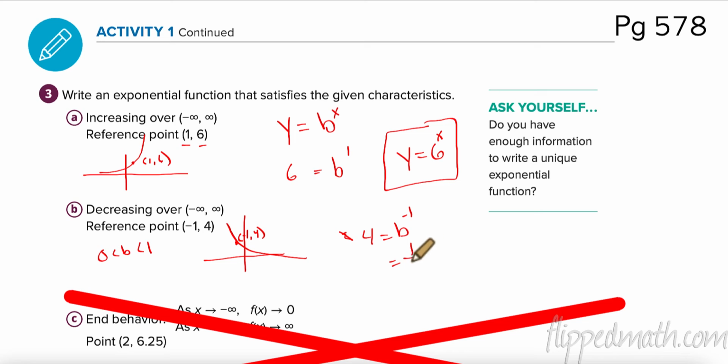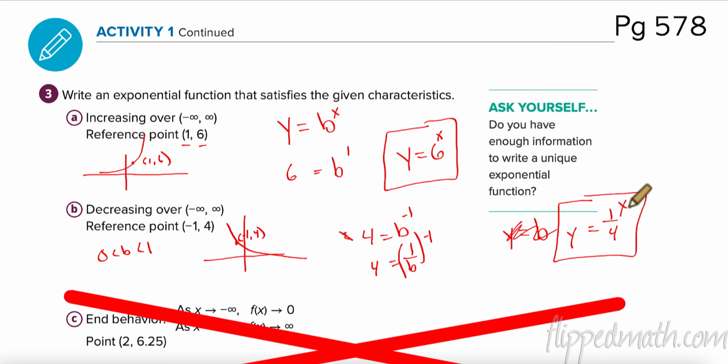So let's flip this. So this is now 1 over b. So what would I have to put in there to do that? Well, I would have to put in a 4 down here. So this is going to be 1/4. So y equals 1/4 to the x. Because when I put a negative 1 here, it flips it and it becomes 4. So that would be our equation there.